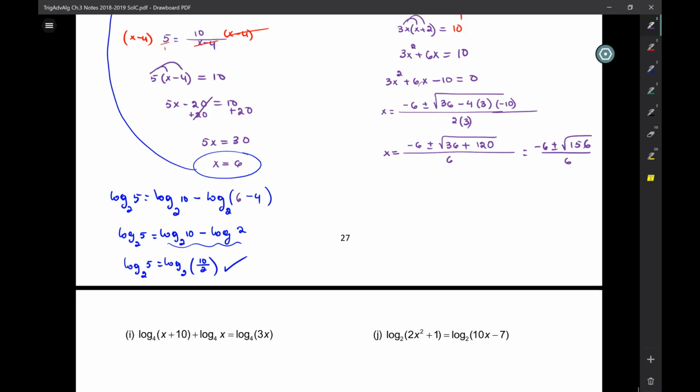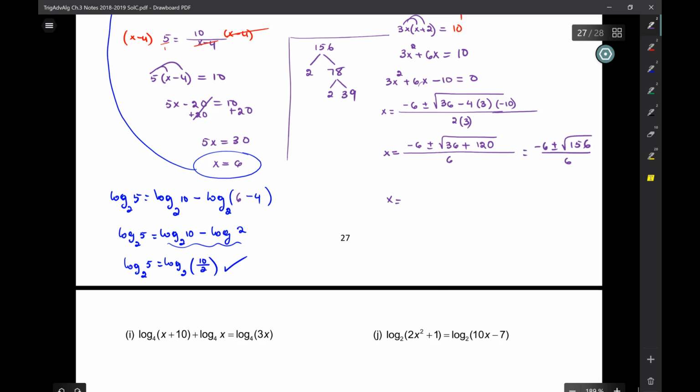Okay, so why don't we see if we can factor 156? It's 2 and 78, and 78 is 2 and 39. Remember, any of these numbers who can find a partner can come out.